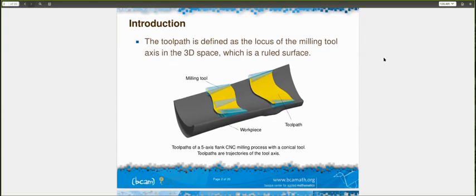The toolpath in multi-axis flank machining is defined as the locus of the milling tool axis in 3D space, which is the ruled surface. As you can see in the figure for 5-axis flank milling, the toolpath, shown in yellow here, is a trajectory of the rigid body axis of the tool.